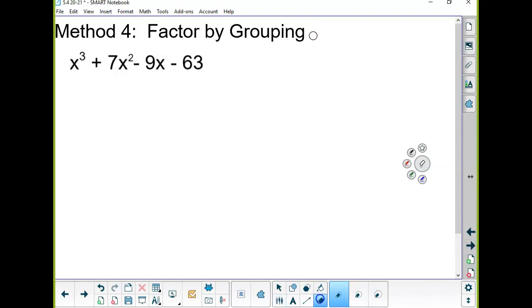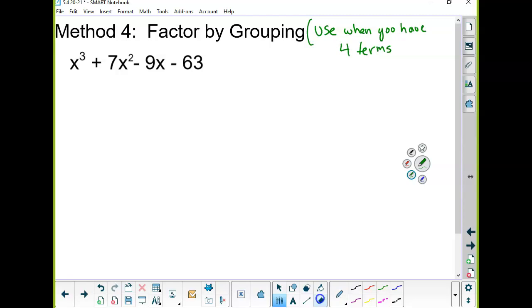There's a hint when to use this. Okay. My hint is anytime you have a four-termed polynomial. So if there's four terms, we're going to group the first two together and group the second two.